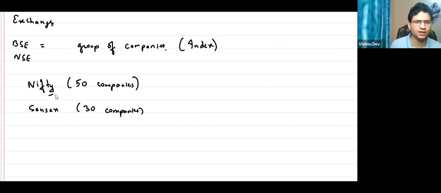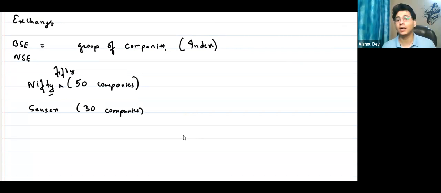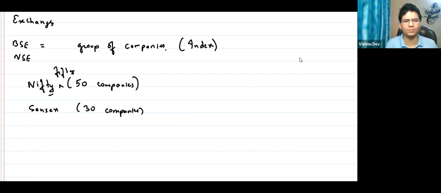This one is called Nifty 50. There are many indexes depending on sector. For example, banking will have a separate one, chemicals will have a separate one. There are lots and lots of indexes, but mainly these two are the indexes that we observe.